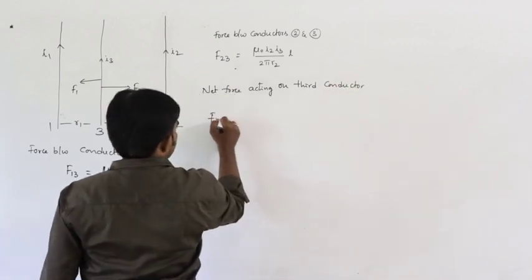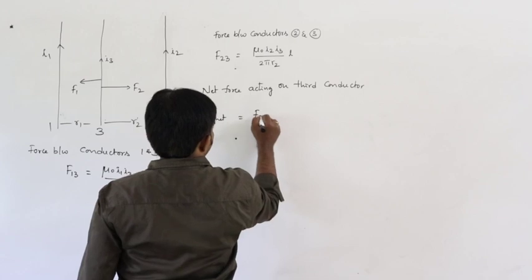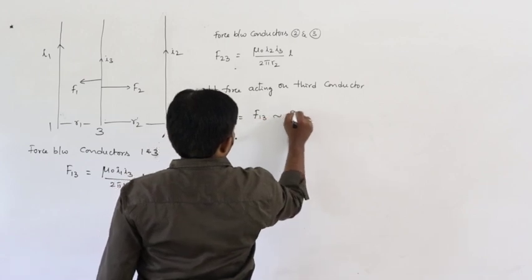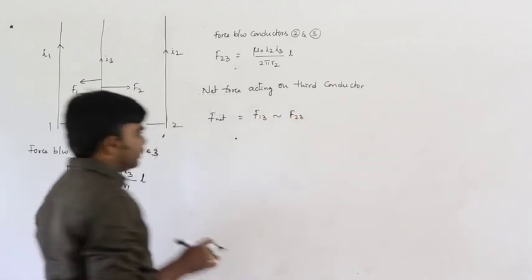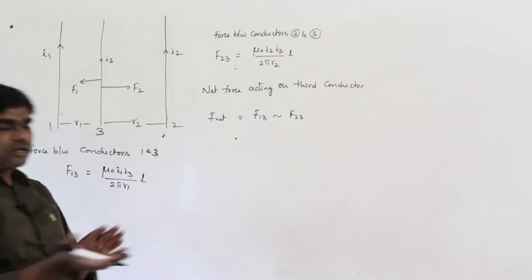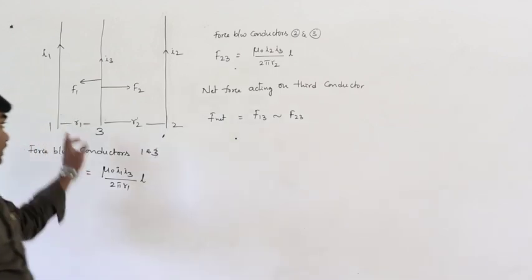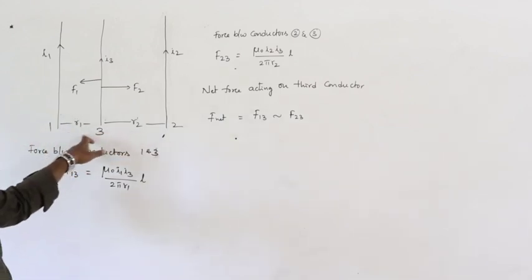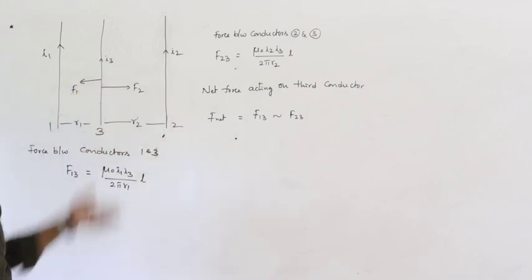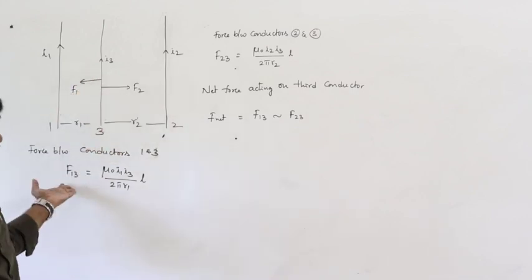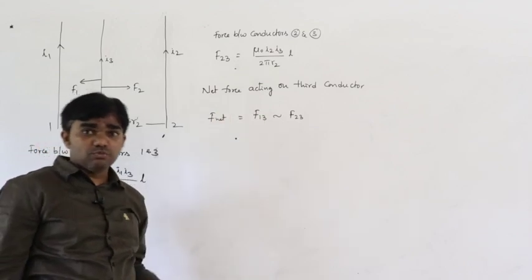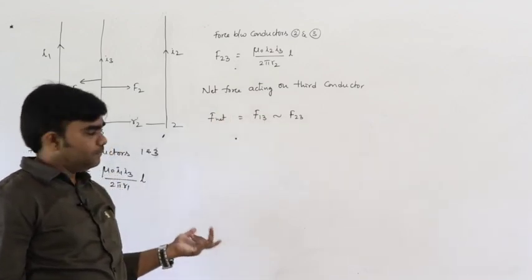F net is equal to F13 minus F23 or F23 minus F13, depending on the distances and the currents I1 and I2. Maybe F13 is more or maybe F23 is more; we don't know exactly.